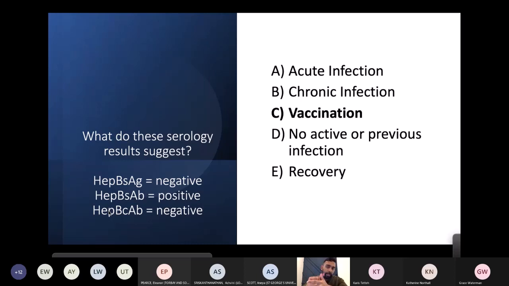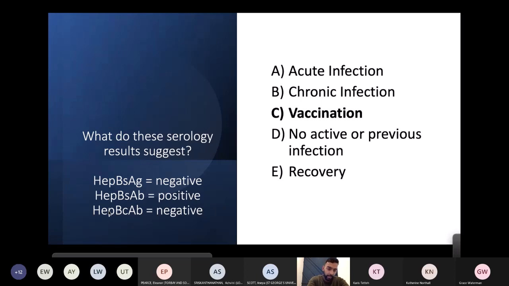If you've previously had the infection, you will have surface antibody positive and the core antibody positive. If you're vaccinated, you only have surface antibody positive, you won't get the core antibody. So when we look at this, we see the core antibody is negative. So we think, well, they can't have had the infection in that case.